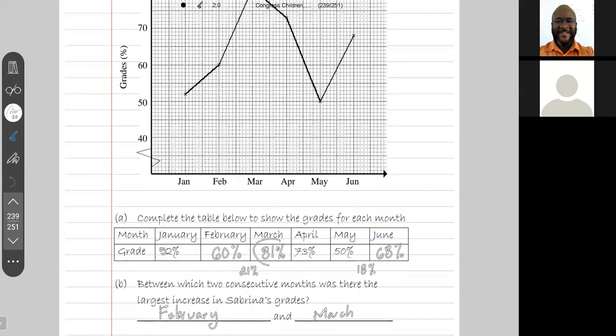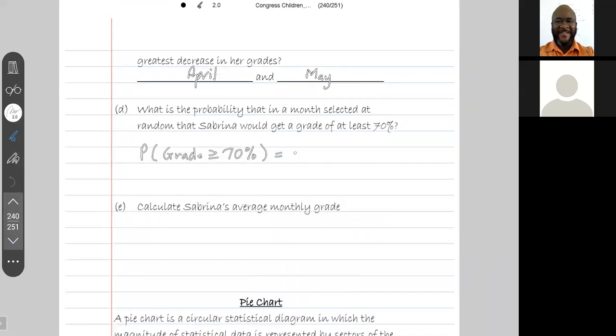This was only 2 times, out of a total of 6 times. So the probability is 2 out of 6, or 1/3, or 0.33, or 33%. So there's only a 33% chance that Sabrina's grade would be greater than 70%.